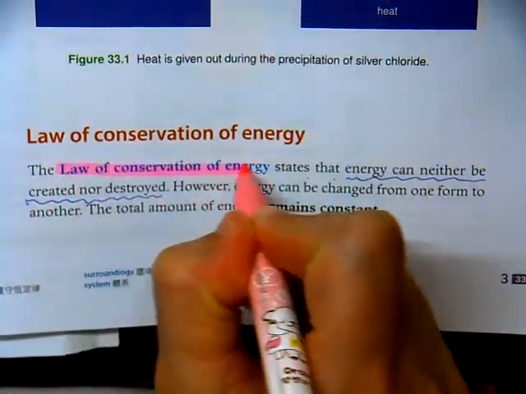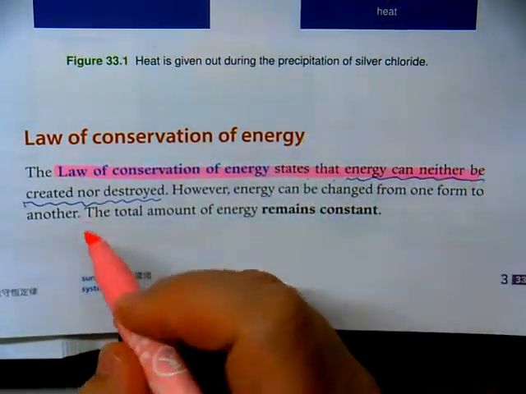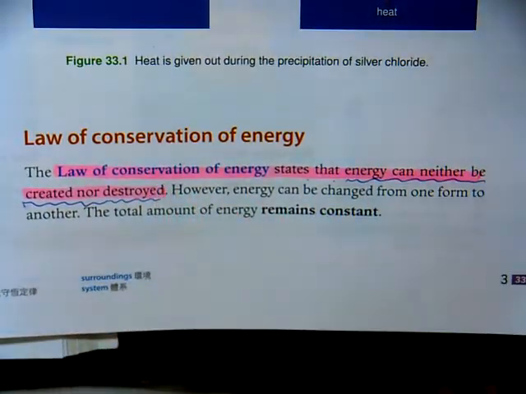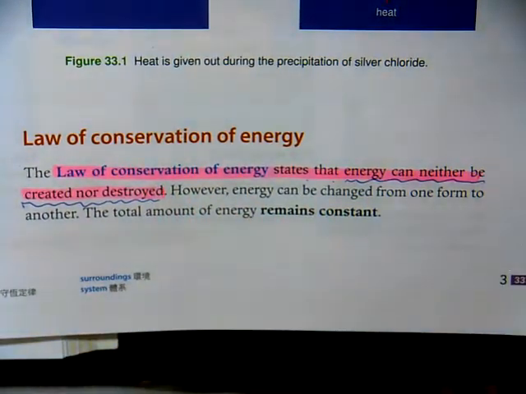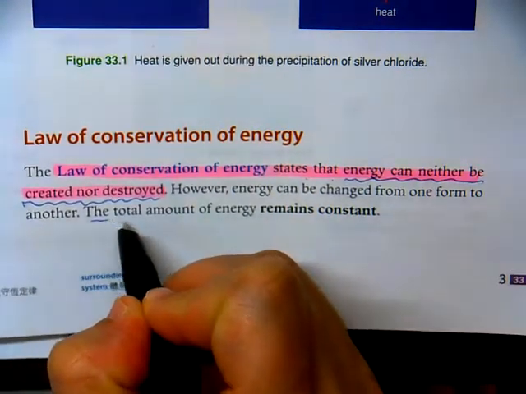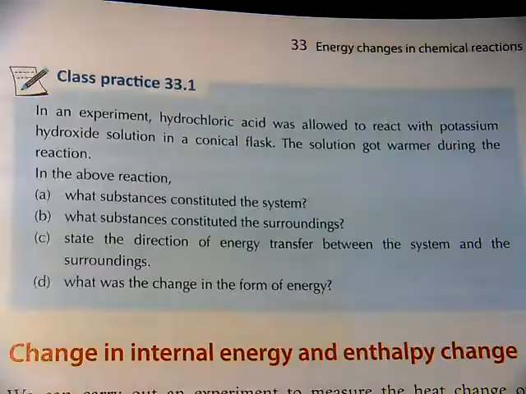It states that energy can neither be created nor destroyed. In other words, energy must be transferred from one form to another, or from the system to the surrounding. In other words, look at this last sentence. The total amount of energy remains constant.